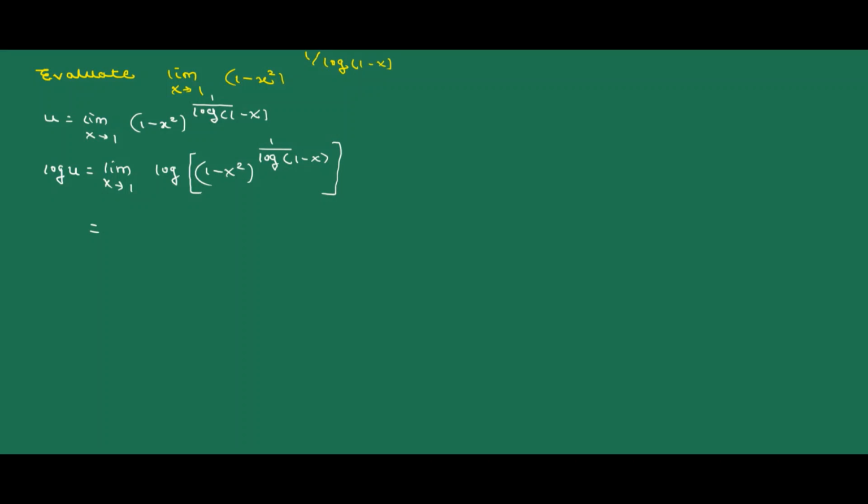By using logarithmic property, we can write it as limit x tends to 1, 1 divided by logarithm of 1 minus x into logarithm of 1 minus x square, that is log u raised to p is equal to p into log u.